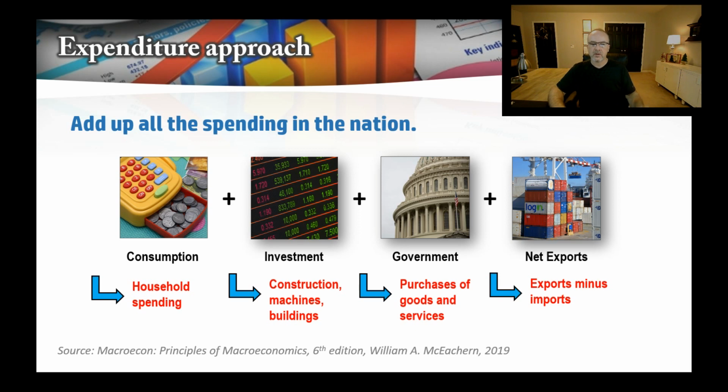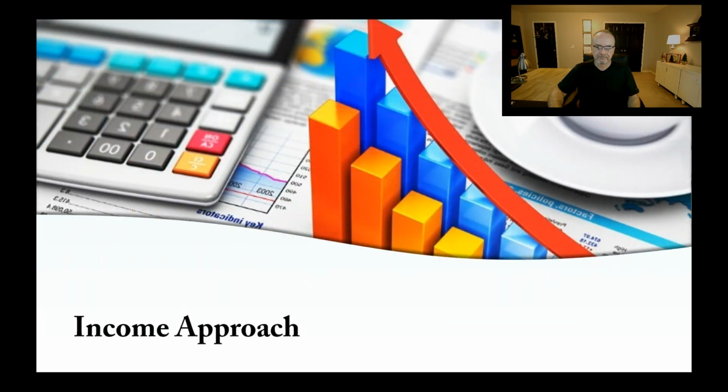So if your exports were $10 billion and your imports were $9 billion, then your net exports would be $1 billion. But the United States is such a large consumer, we do export a tremendous amount, but we're usually a net importer. In other words, we import more than we export. So that usually takes away from GDP because we're buying from other people more than we're selling to other nations. So that's the expenditure approach, just talking about what is spent in these various categories of the economy.